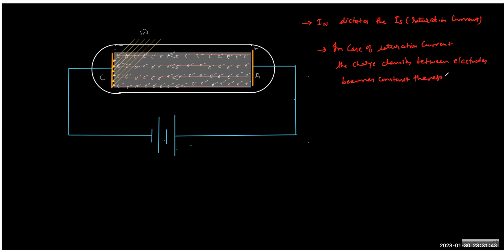Therefore, the number of charges leaving the cathode per second is equal to the number arriving at the anode.